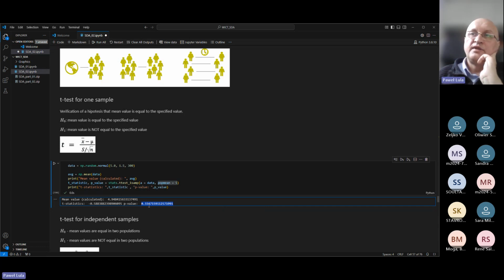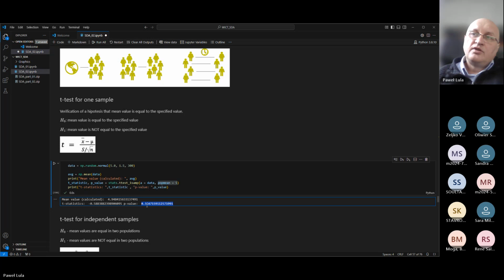If it is smaller than the significance level, which in practice is defined as 0.01 or 0.05, this defines the areas which form the critical area. And here we have this p-value.